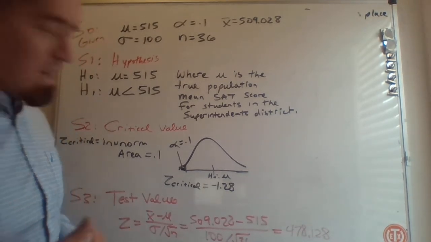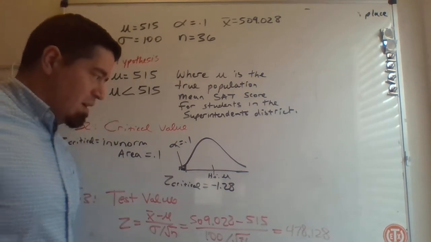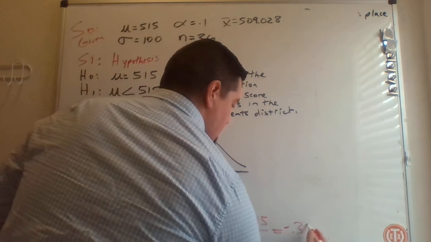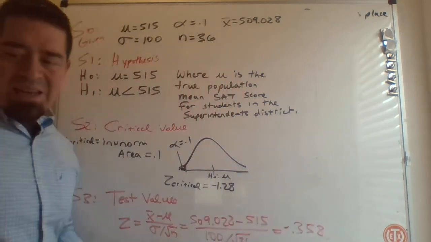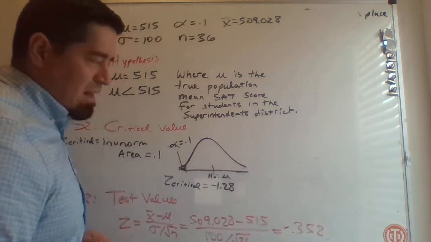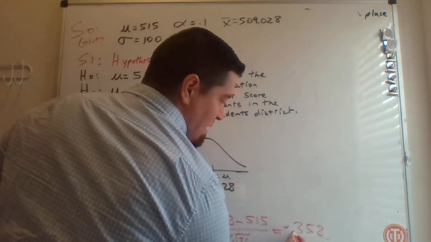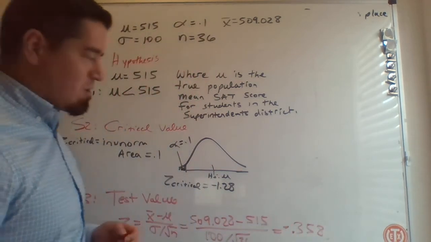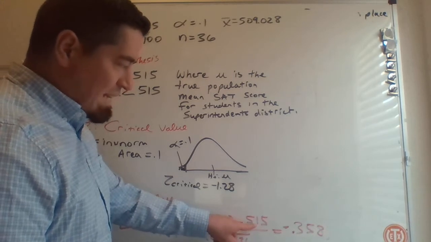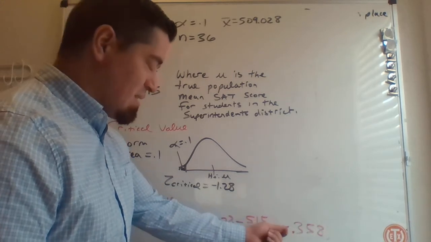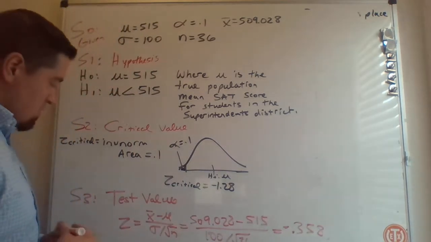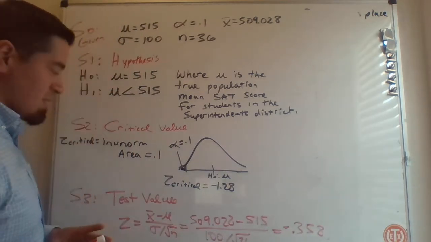Negative 0.358. Yeah, and 478 is kind of high. Remember that 3 standard deviations contain most of the data. So, although it's not impossible, yeah, you want to check your work if that happens. Also, I knew too, because this is below the mean, therefore it should be a negative standard deviation, because it's going to be that many standard deviations below the mean. That's what a z-score means. So always good to know these other things to check yourself.